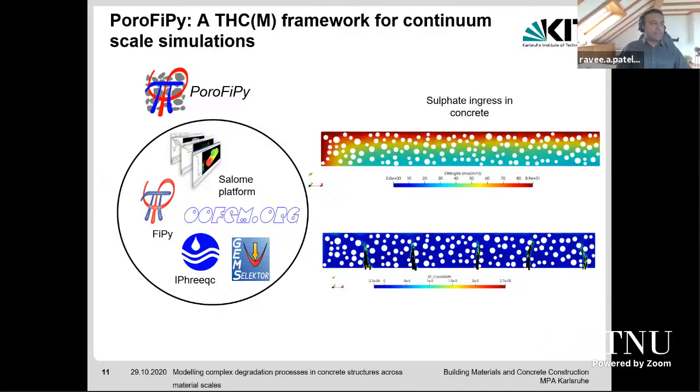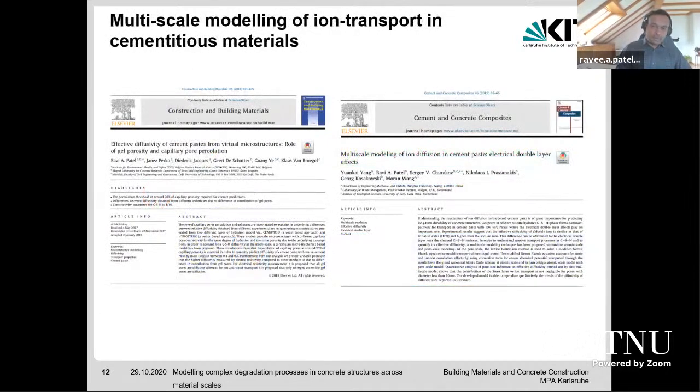Having given you an overview of microstructure or structural representation and the numerical tools one can use to simulate physico-chemical processes, now I would like to bring your attention to some applications I have done in this area, starting first with the multiscale modeling of ion transport in cementitious materials.